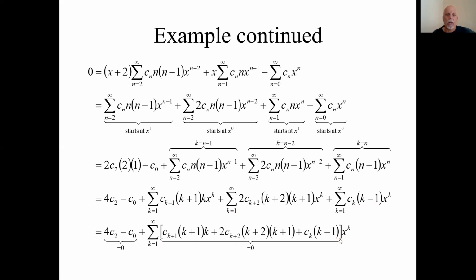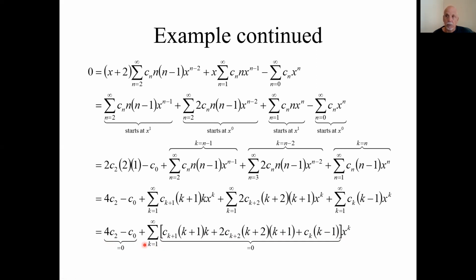And now you can apply the identity property. Everything out front here is the x to the 0 term. And what's in brackets here is the x to the k term for k equal 1 and up. So everything in the brackets here must equal 0 for every k from 1, 2, and up.